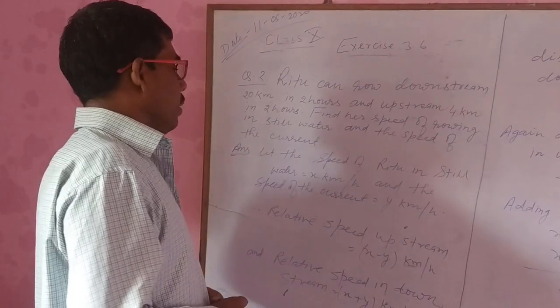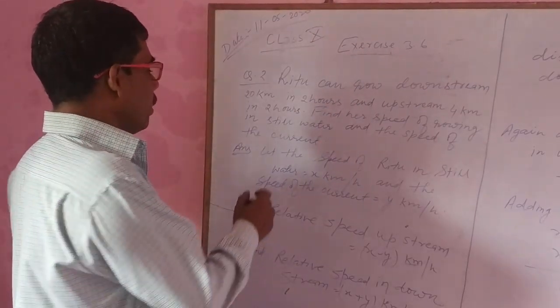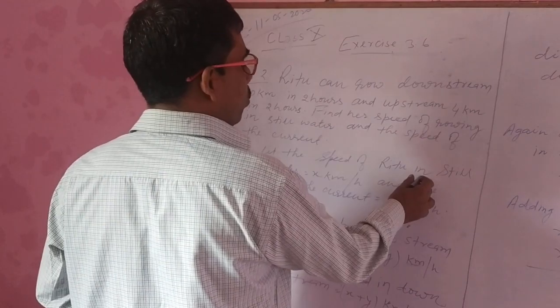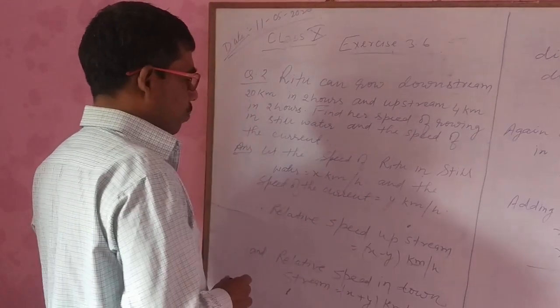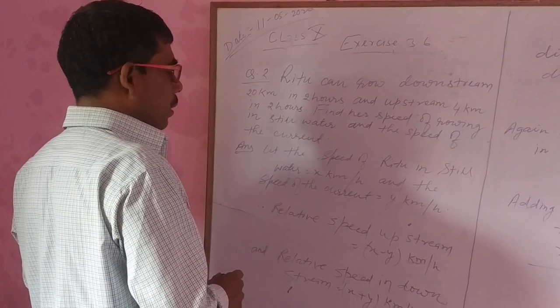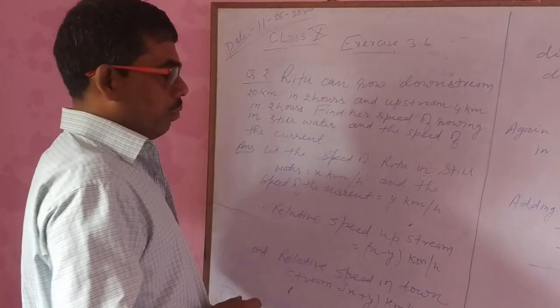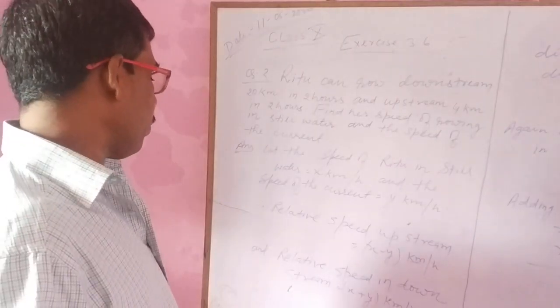Therefore, we consider the speed of Ritu in still water x km per hour and the speed of current equal to y km per hour.